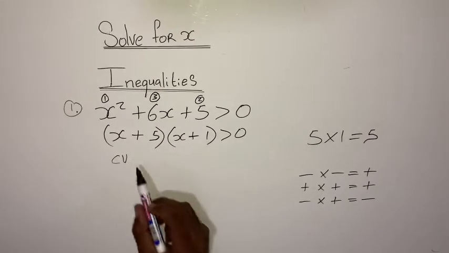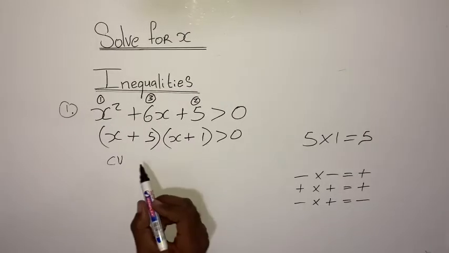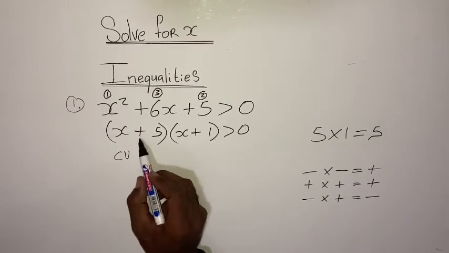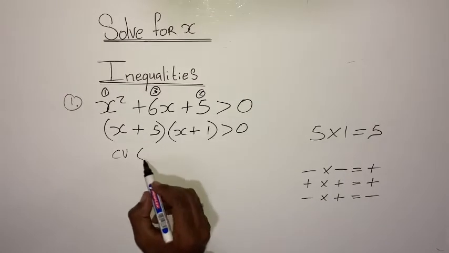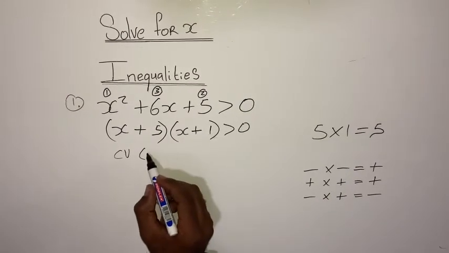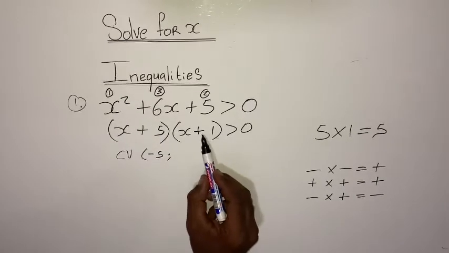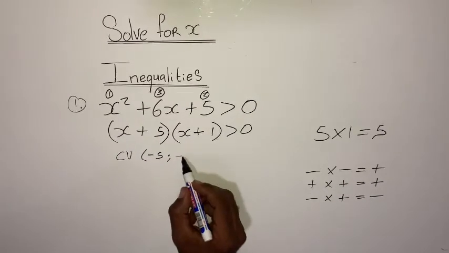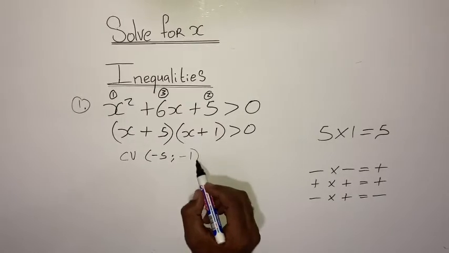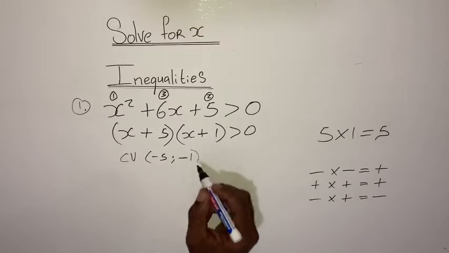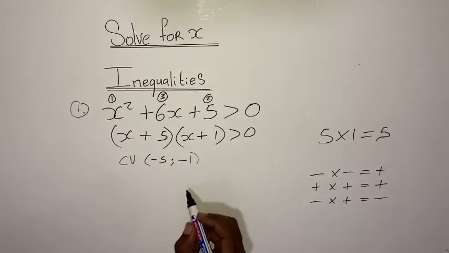I'm using an abbreviation, CV, for critical values. We know that when we solve this bracket, we'll have a negative 5, and this one as well will get a negative 1. So these are our critical values, which are negative 5 and negative 1.